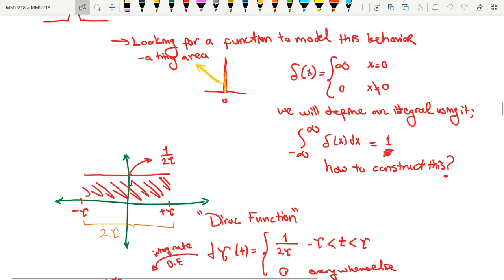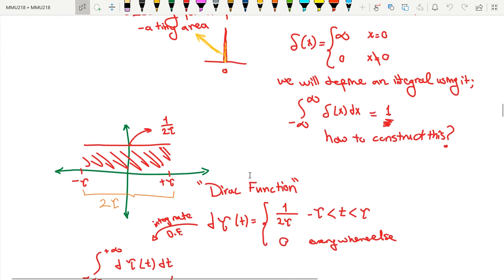Now, if, for example, I want to get the area underneath that, I will be able to integrate this function, right? So how does this function look? The Dirac function, tau t, looks something like this. It reaches 1 over 2 tau, 1 over 2 tau, in between minus tau and tau, and it is 0 everywhere else. Does that make sense?